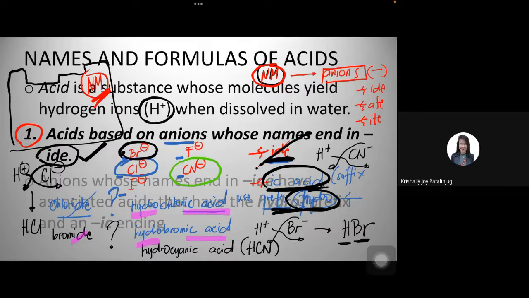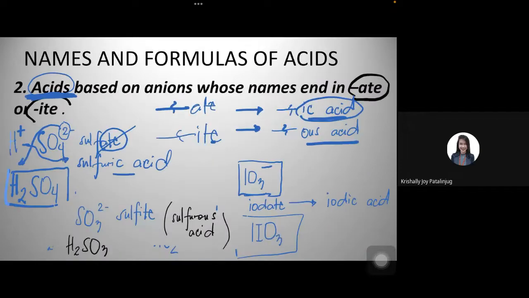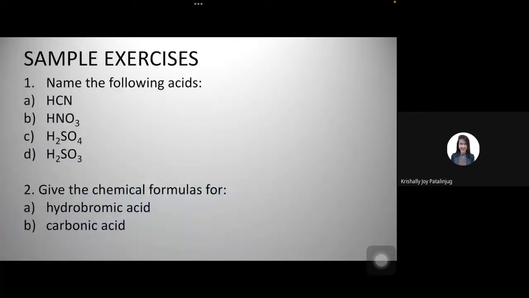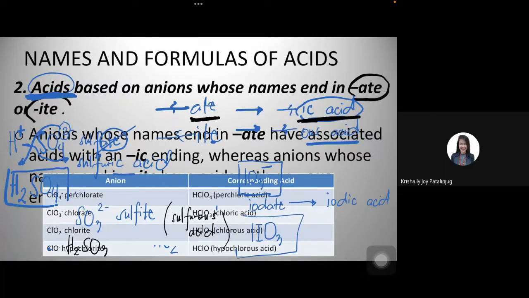But if the name of the acid only ends with ic acid, with no prefix hydro, then there is a high chance that acid is derived from an anion ending in ate. If it ends with ite, simply change the ite ending to ous acid. So these are other examples.